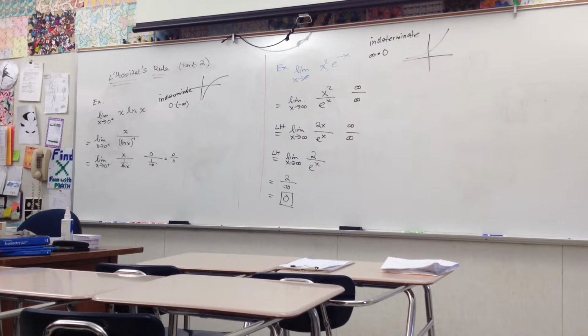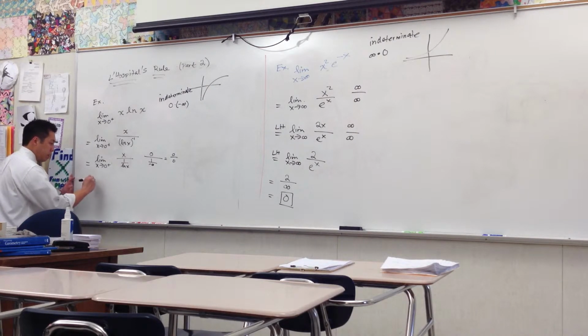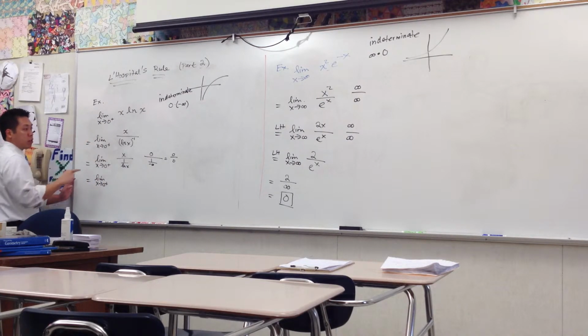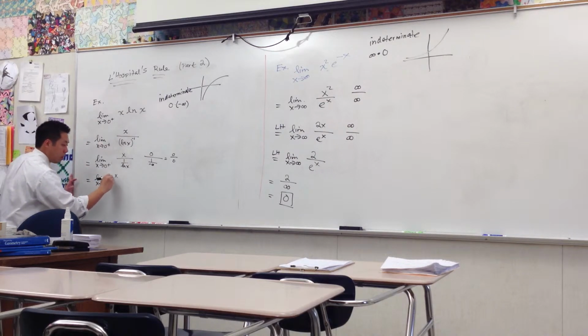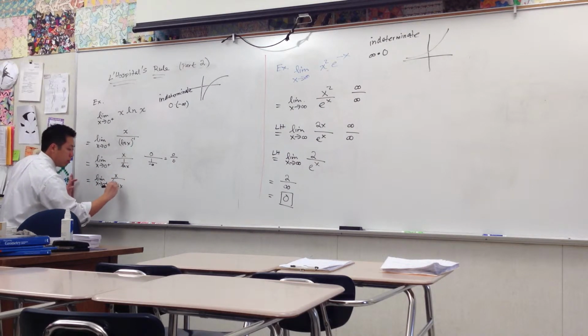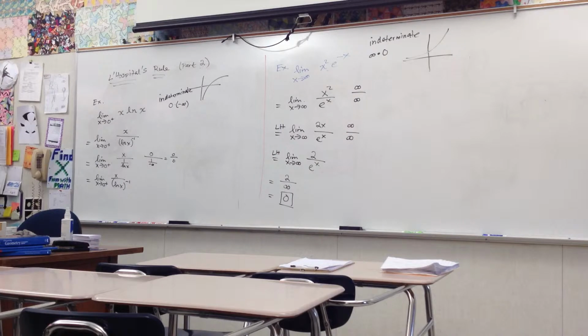So you do have a form where you can do L'Hopital's rule. Now let me go back to this form, because it's going to be easier for me to take the derivative that way.